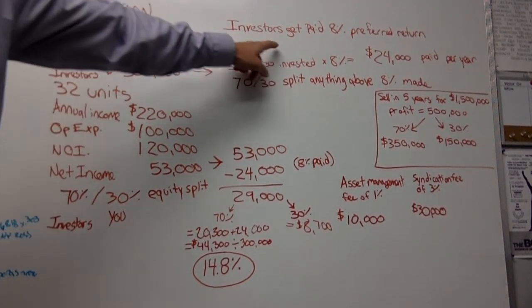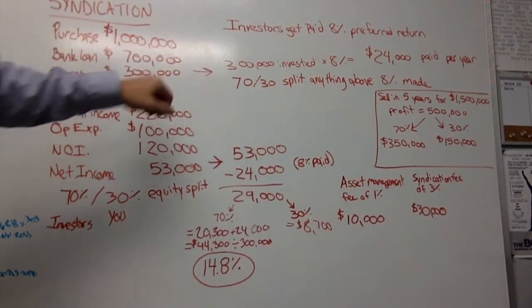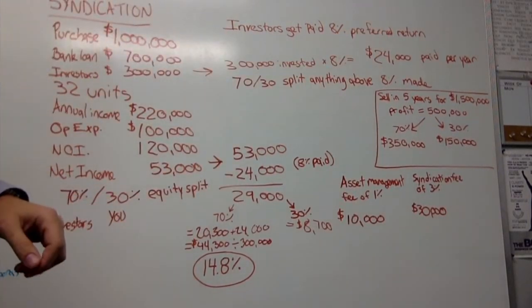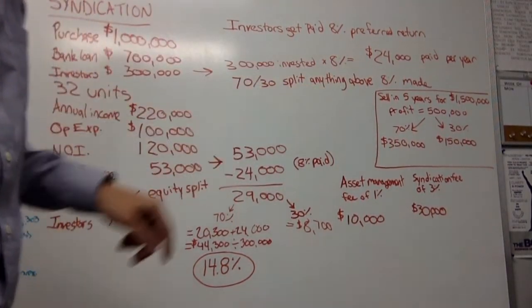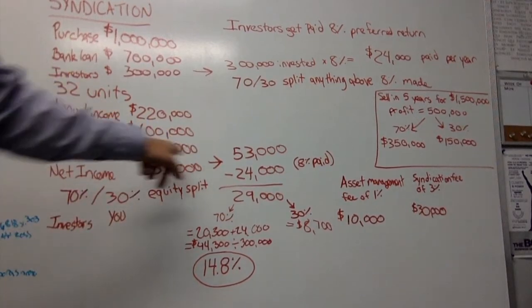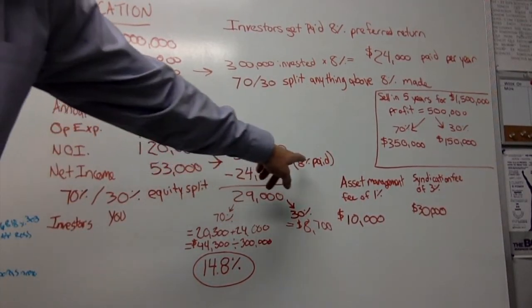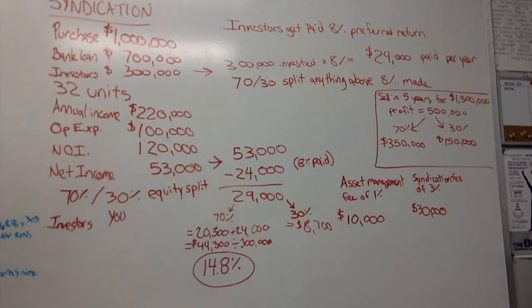If the investors are getting paid 8% of a preferred return on their $300,000 that they invested, that's $24,000 paid per year. And if you're splitting anything above 8%, 70-30, that gives you $53,000 net income minus the $24,000 that's paid from the 8%. $29,000 is what's left over above the 8%.